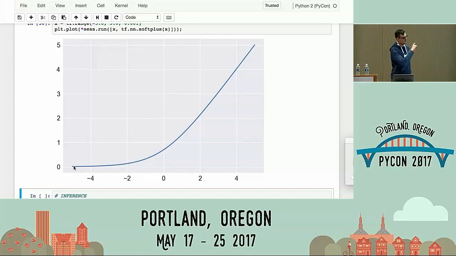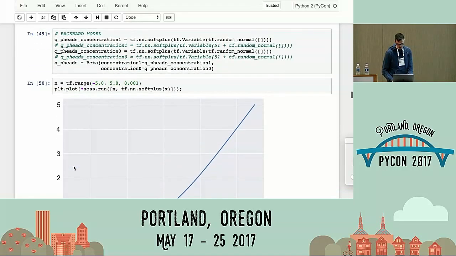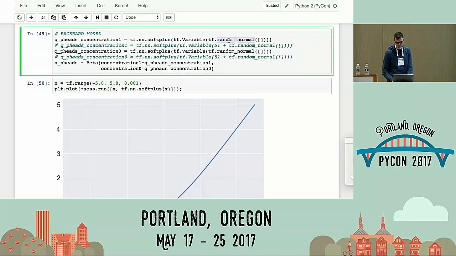It's a really smooth way of making sure that values are always positive. And here it's used to make sure that the random samples that I have here don't mess up my concentrations. If this were a negative number, this makes sure that it can't be, so that the concentration is always positive.